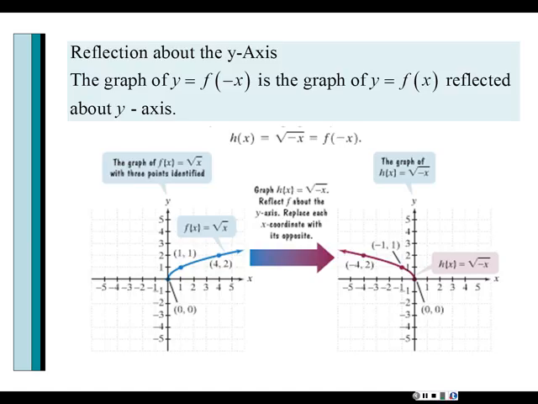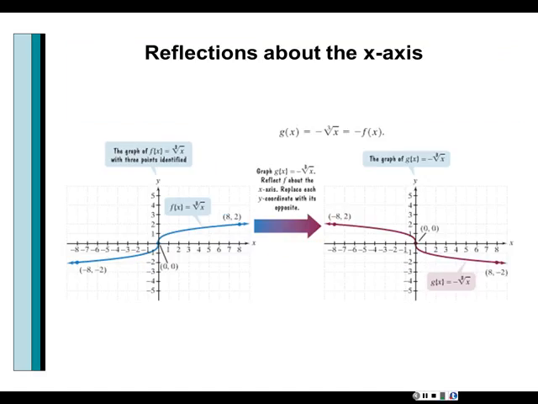In these cases, square root, our reflection is about the y-axis. So whatever you have here, for an example, look at this one. This is the blue one, the original one, which is reflected on the other side of y. When it is reflected about the y-axis, whatever you have on one side of y will be reflected on the other side of y. But in some cases, we are reflecting about the x-axis. So you have to be careful about which axis we are talking about.